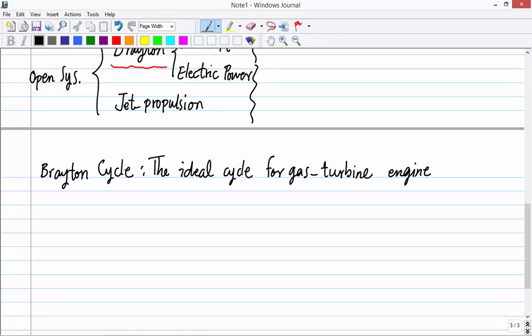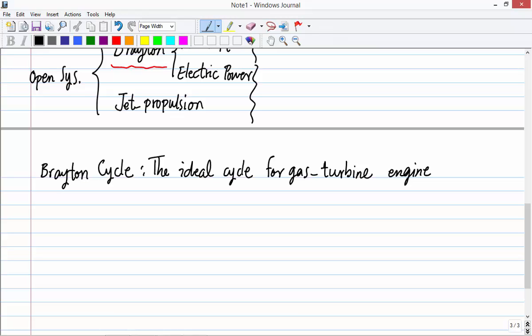So we have some sort of combination of devices like heat exchanger, compressor, turbine, and we add heat, and we do work in the compressor on the system. We add heat in the heat exchanger, and we expect the turbine to give us work, the output.